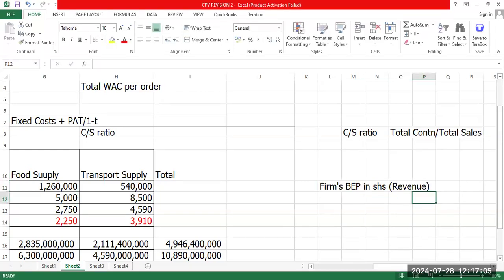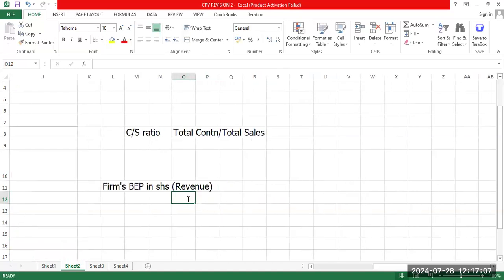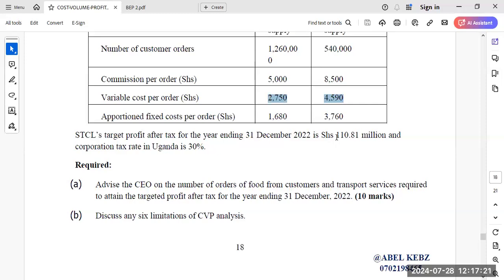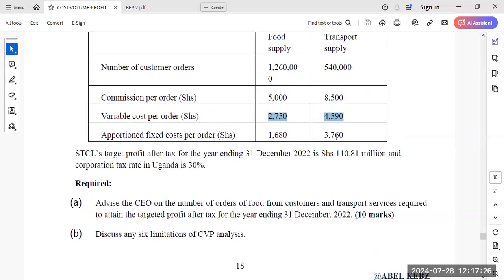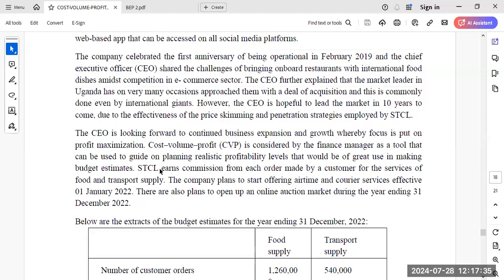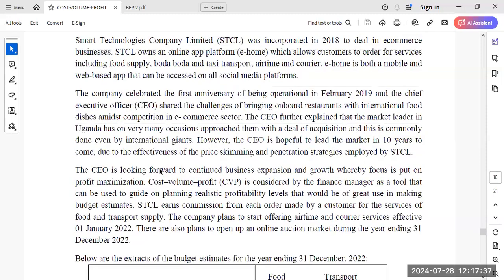What is our fixed cost in the question? Do we have fixed cost in the question?